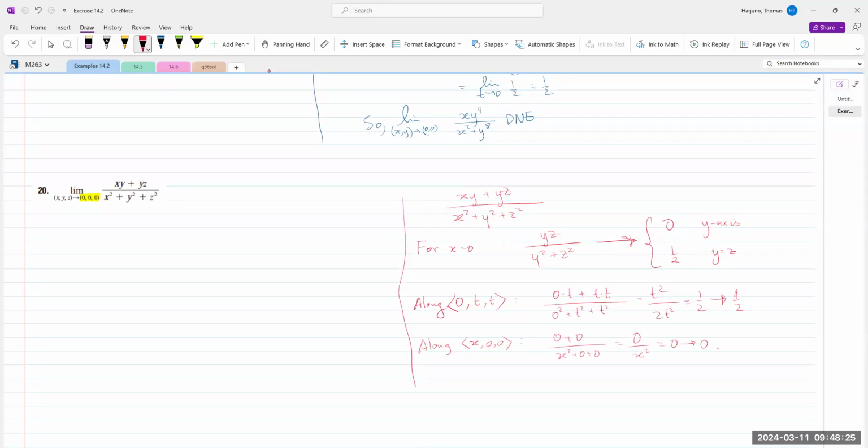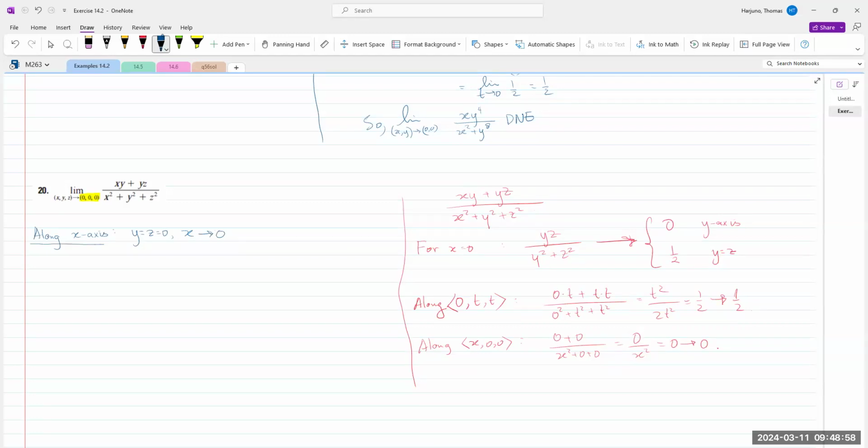Okay. So you see that we still applied our squeezing, and right now we get two different paths, one of them along the x-axis that gives us limit 0, and another path that gives us a limit different from 0. So first, along the x-axis, which means I set y equals z equals 0, and x is approaching 0.